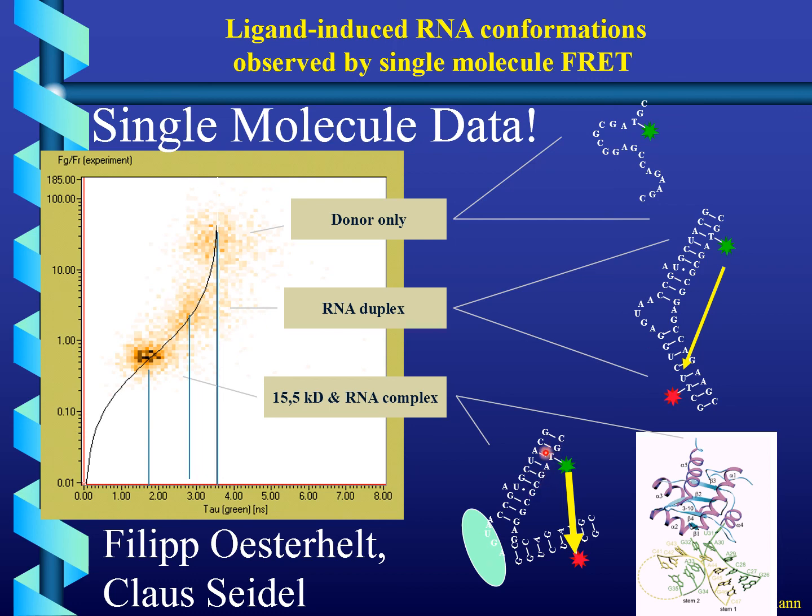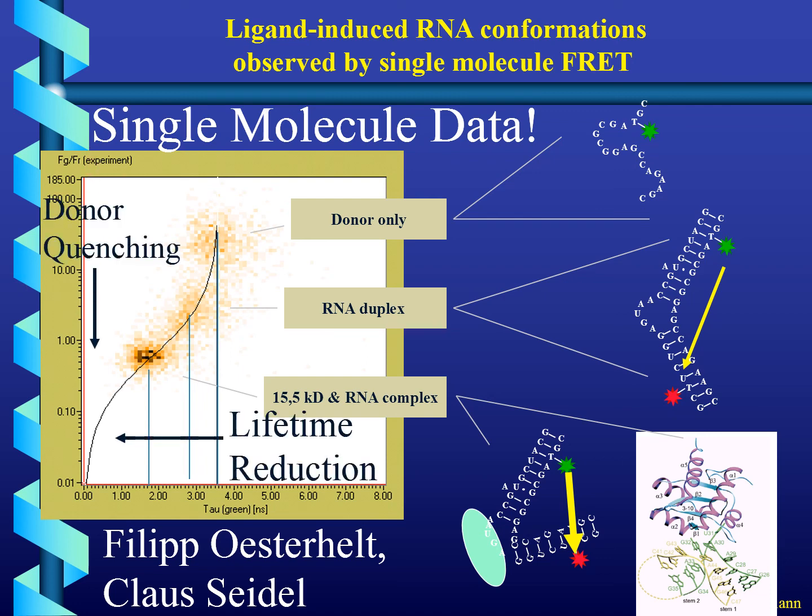And so in this case, if a protein then binds in addition to this RNA, you can actually change the relative position again, because you're changing the conformation, and you can clearly see that in the lifetime as well as in the absolute brightness of the single molecules. So you have these two things going on at the same time: donor quenching and donor lifetime reduction.